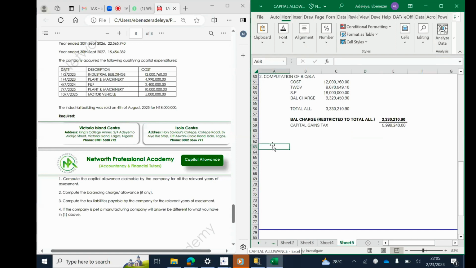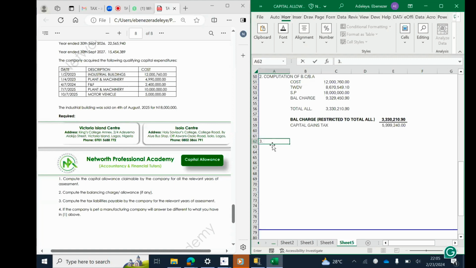Okay. Number three now. Compute the tax liabilities payable by the company for the relevant years of assessment. All right. So for us to be able to do this, we will follow a similar template that we use for our loss relief.